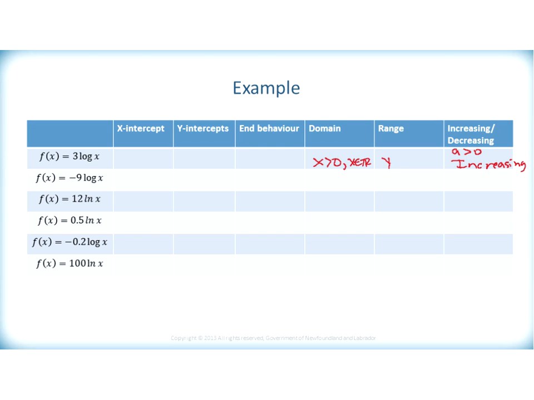And the range will be y belongs to a set of real numbers. The x-intercept, there is one, to be 1 and 0. The y-intercepts, there is none. And the end behavior, since it's increasing, will be quadrant 4 to quadrant 1.